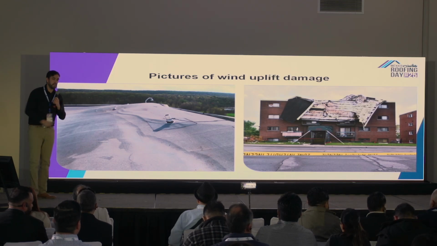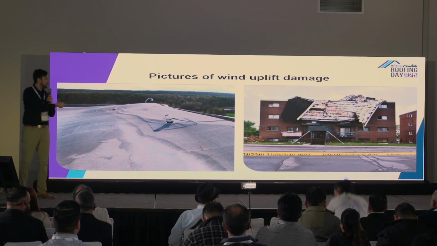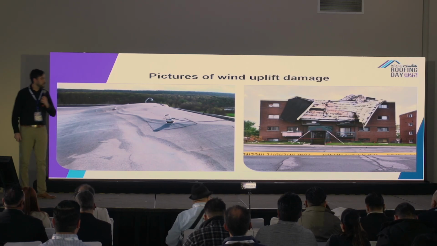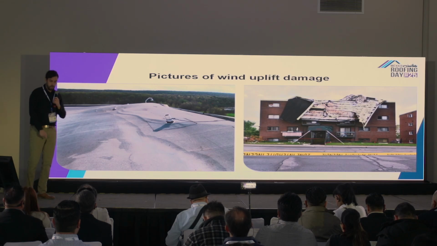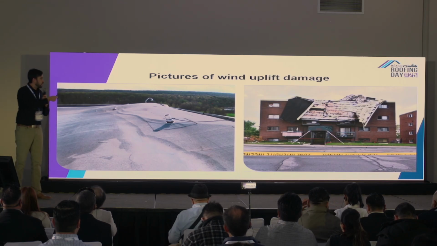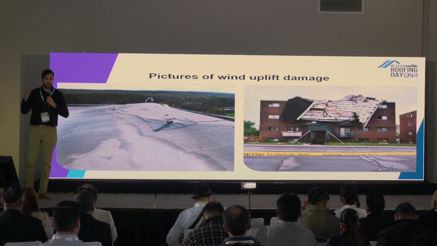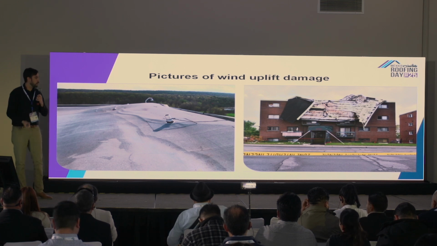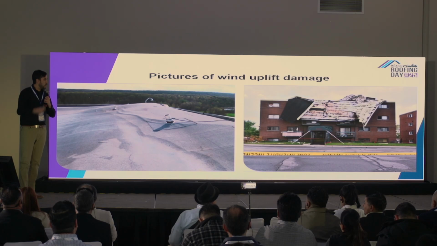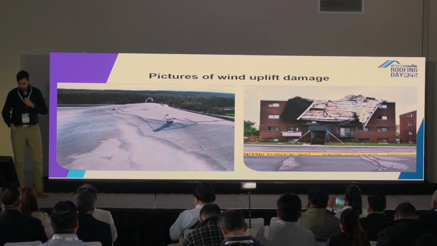So this is really dangerous because people can walk by, receive the roof, and could die, and you see that it's not only the roofing membranes that can fly off, the cover boards, the insulation, and even the thermal barriers on deck can fly off and injure or kill somebody.